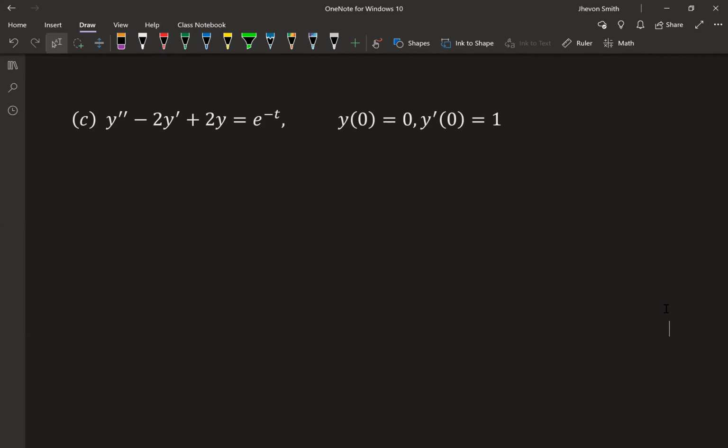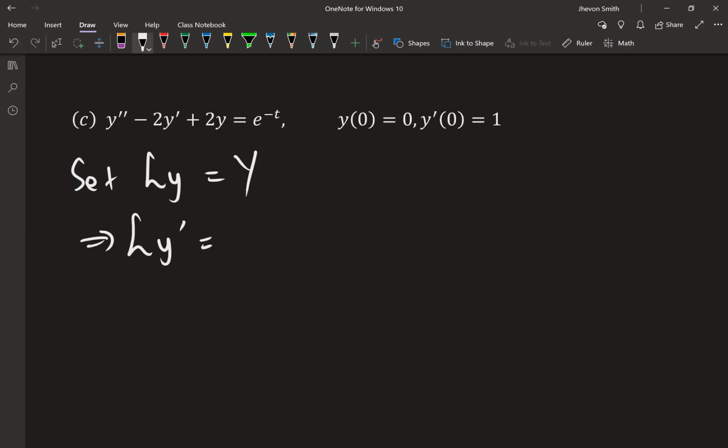What do you do? First thing, solve this using Laplace transforms. Okay, Laplace transform on both sides. How do I do that? Right, so we set the Laplace transform of y to be big Y. Then we need to find the Laplace transform of y prime.